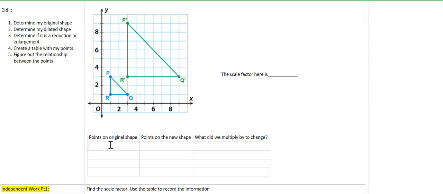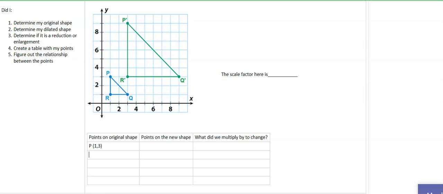So my original point, I'm going to pick P, I'll label it here. That is at the point 1, 3. Now for R, from our original shape, R is at 1, 1. And our last one, which is Q, is at 3, 1.